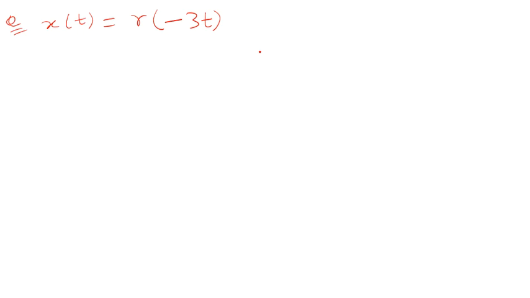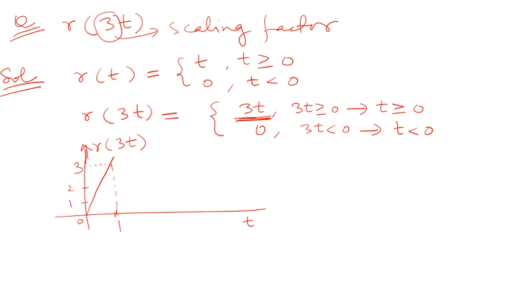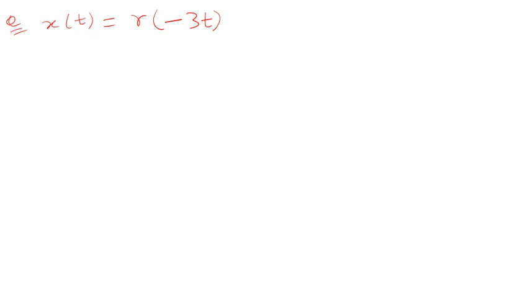You can go back to the previous slide and see the waveform for r(3t). The waveform for r(minus 3t) will be the reflected version of that waveform. That will be something like this.